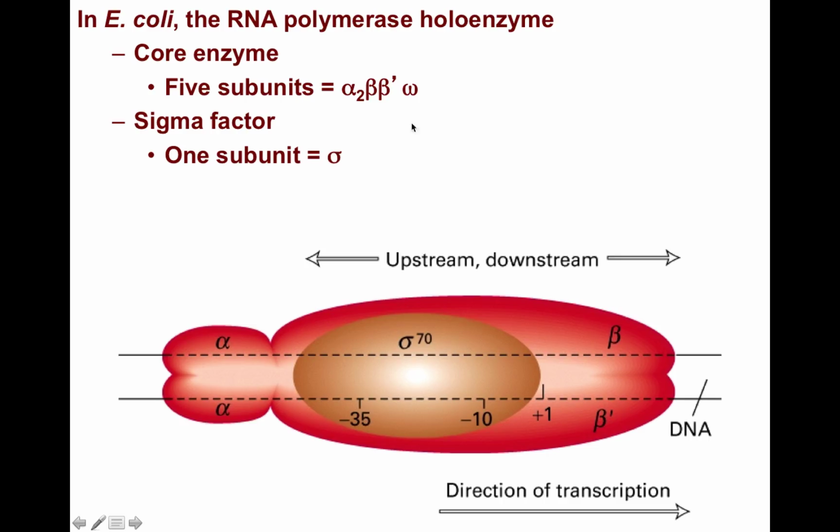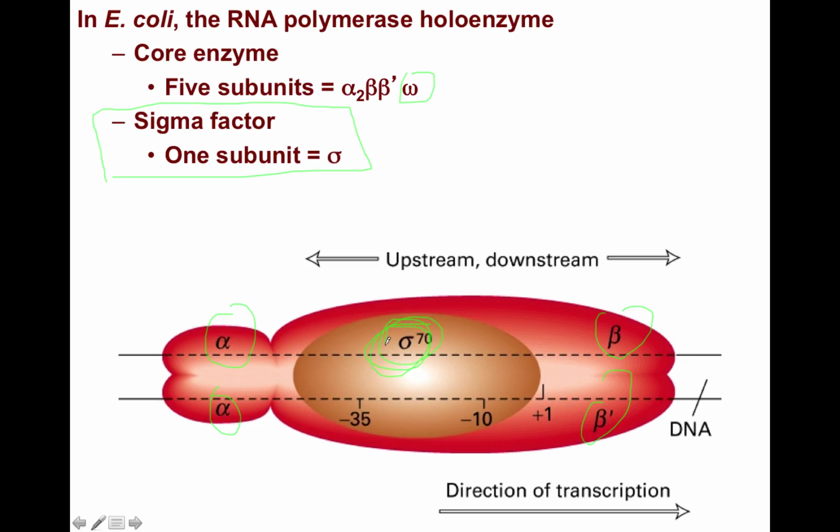The core enzyme consists of an alpha subunit, another alpha subunit, a beta subunit, a beta prime subunit, an omega subunit that's behind us that you can't really see, plus a very important factor called sigma factor.